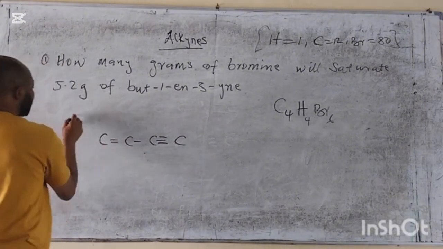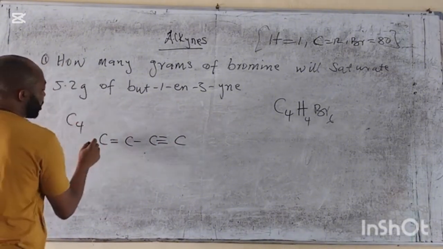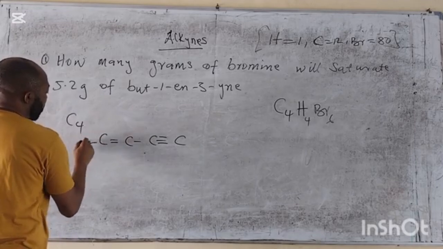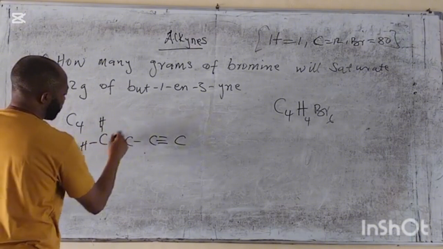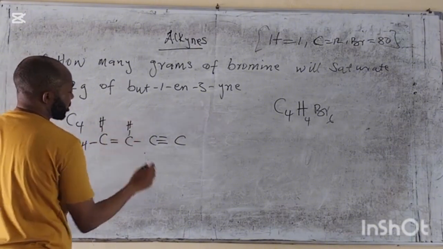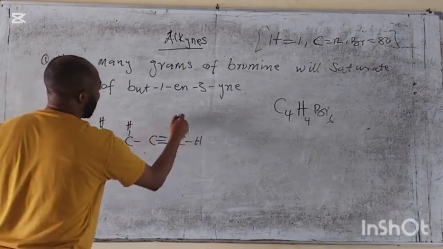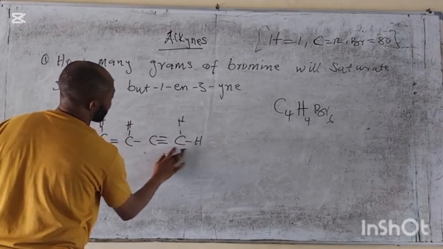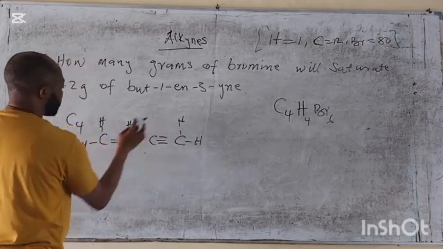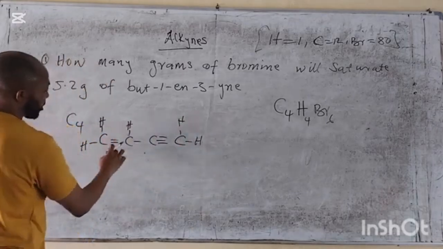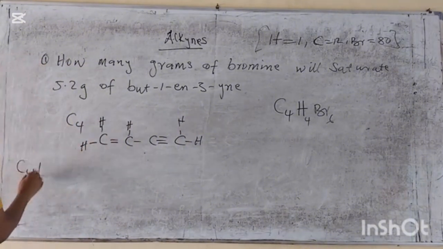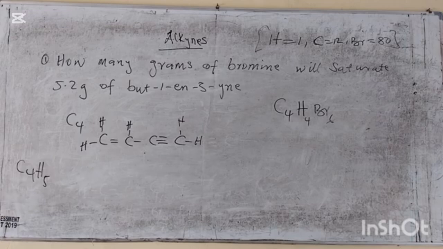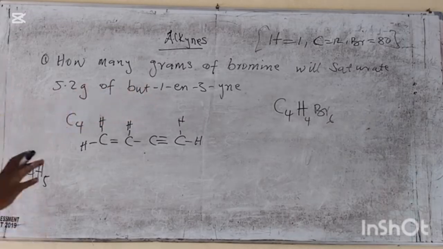I have C4H, 1, 2, 3, 4, 5. So I have C4H5 for 1-butyne. That is what you get.